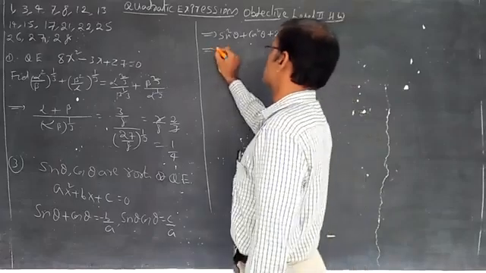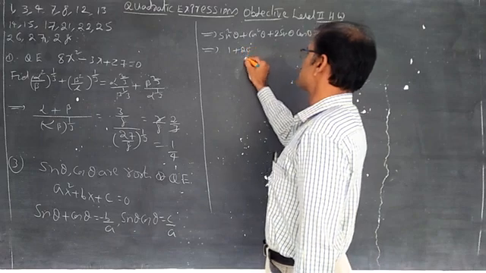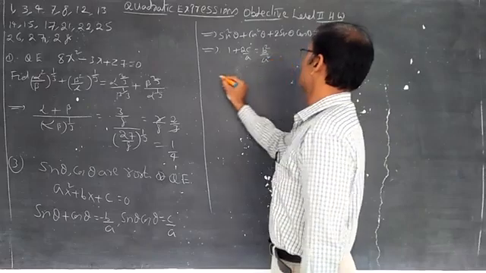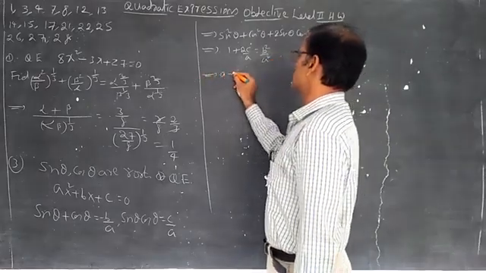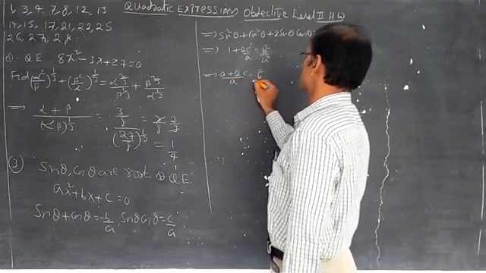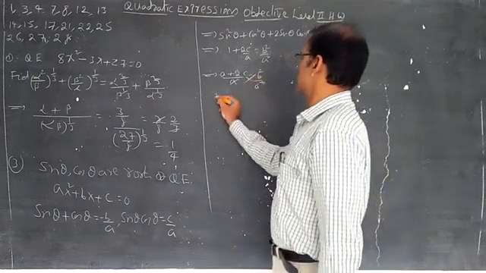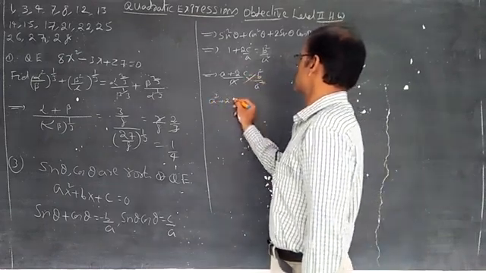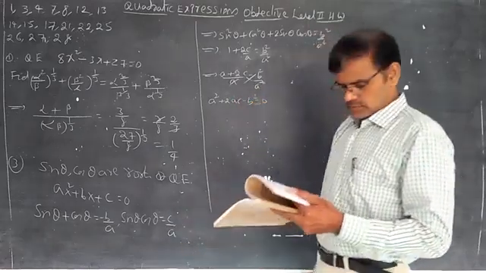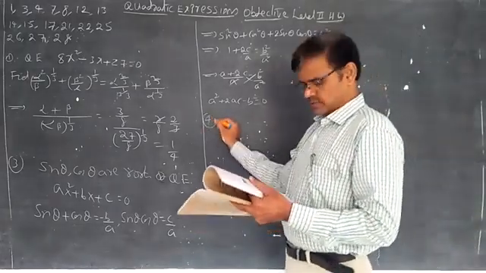Sin square theta plus cos square theta becomes 1, plus 2c by a, is equal to b square by a square. That implies (a plus 2c) by a is equal to b square by a square. A square will be cancelled: a into (a plus 2c) equals b square, that is a square plus 2ac minus b square equal to 0. That is option 1.